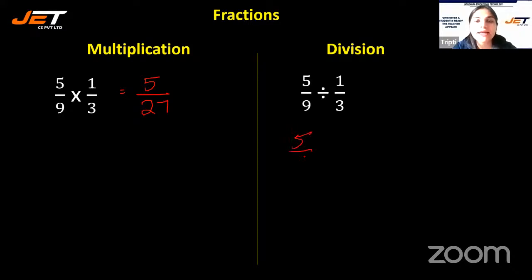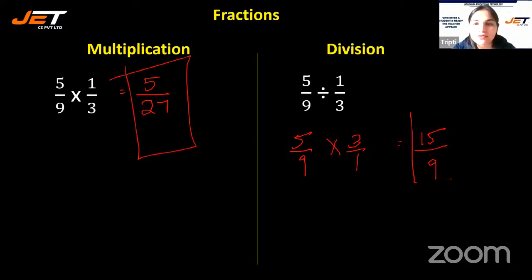Here 5 by 9 as it is. Division will change into the sign of multiplication. 1 by 3 is 3 by 1 now. 5 times 3 is 15. 9 times 1 is 9. So this is the answer for multiplication and this for division.